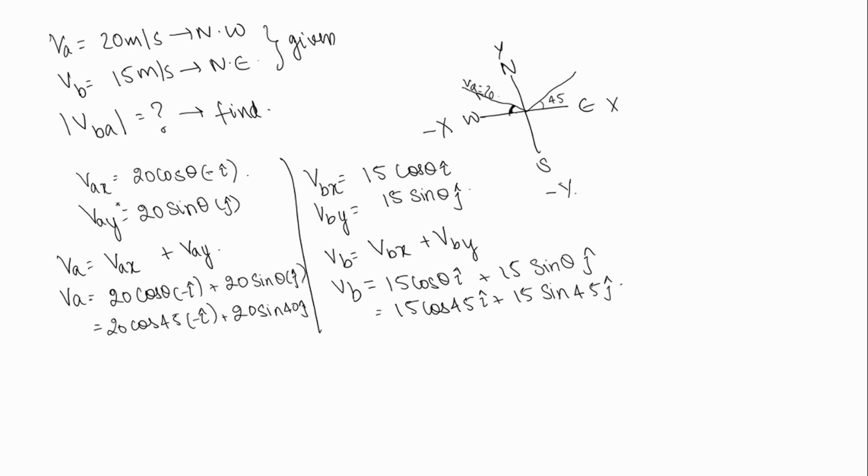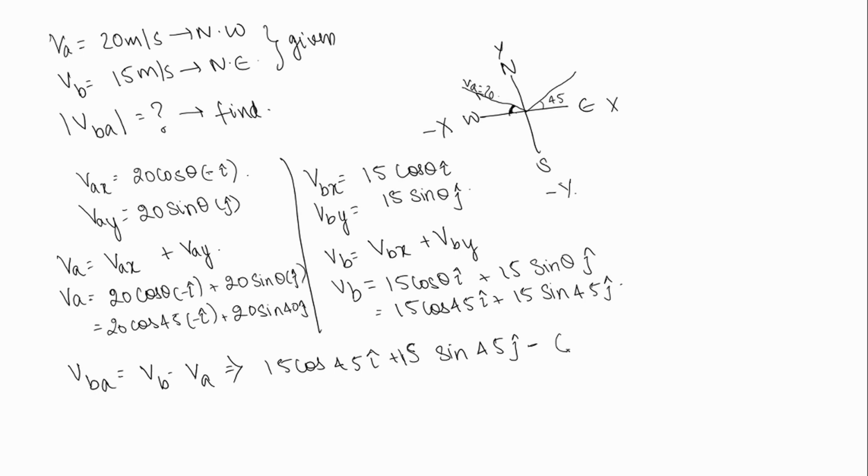Now we need to find the velocity of particle B with respect to A. That is VB minus VA. So that is the velocity of particle B, 15 cos 45 i cap plus 15 sin 45 j cap, minus the velocity of particle A, that is minus 20 cos 45 i cap plus 20 sin 45 j cap. So that is 15 cos 45 i cap plus 15 sin 45 j cap.